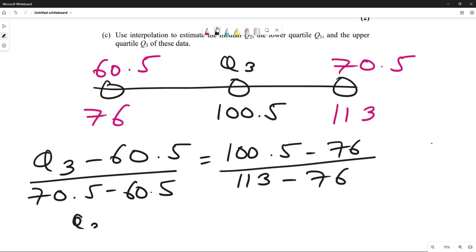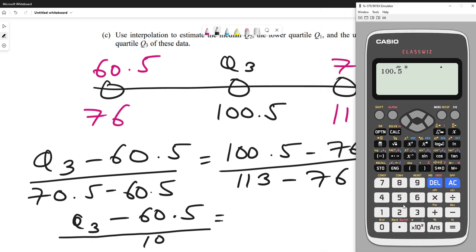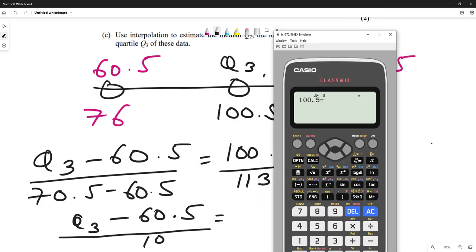So we get Q3 minus 60.5 over 10. We can use our calculator for this part. We can do 100.5 and we're going to minus that from, in our case, 76.